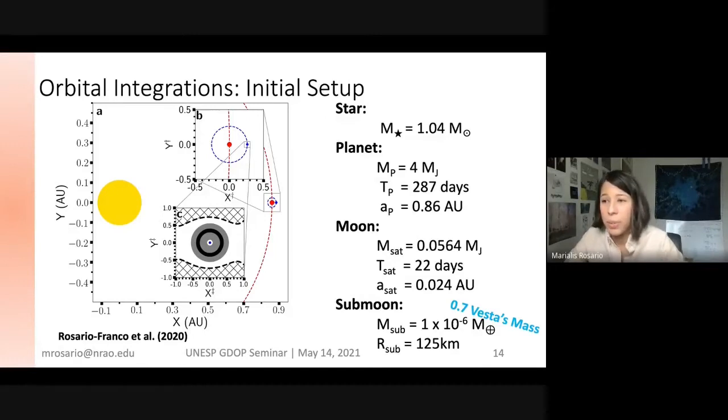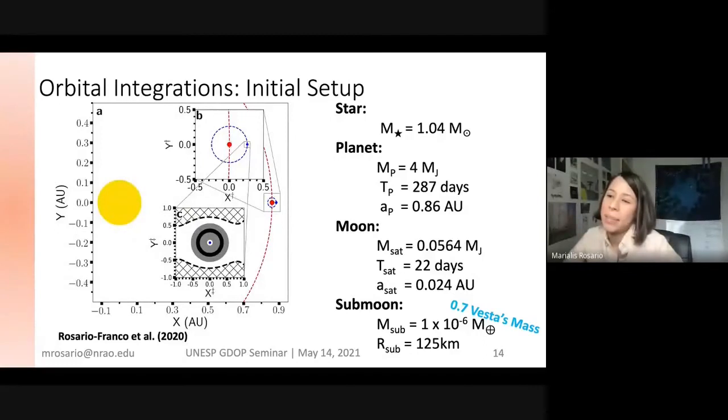And around that Jupiter-like planet, we have the proposed exomoon based on Kepler. In panel B, we have a zoomed-in image where we have Jupiter in the center, and the exomoon Kepler 1625b I around it.